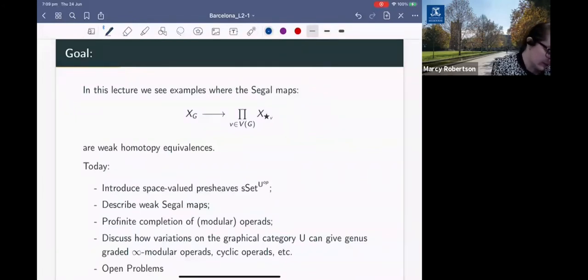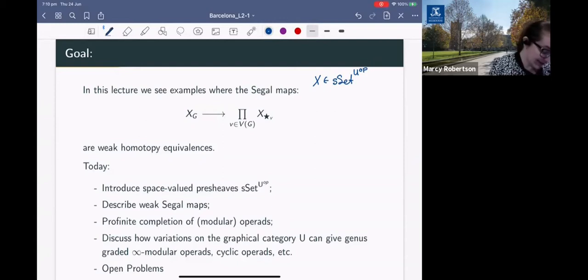So here X is going to be living in, I'm going to upgrade so that I have a place where homotopy equivalence makes sense, to space valued pre-sheaves. And I want the Segal maps to be weak homotopy equivalences. So this will look like a modular operad, but a weak one.